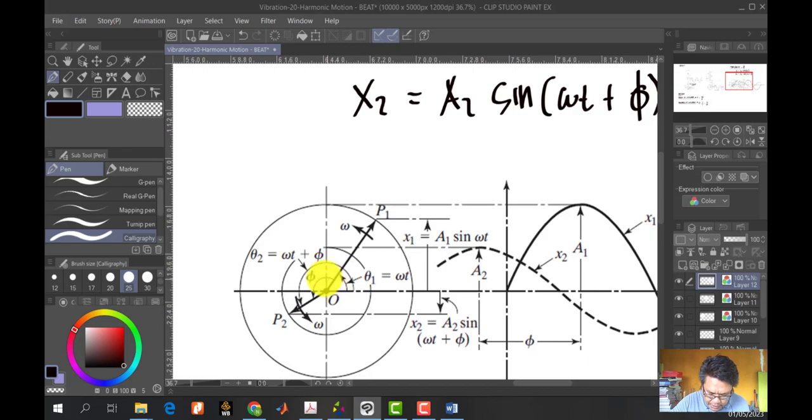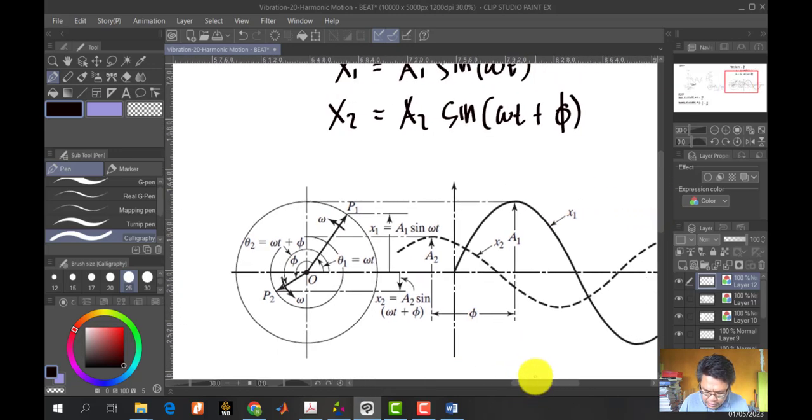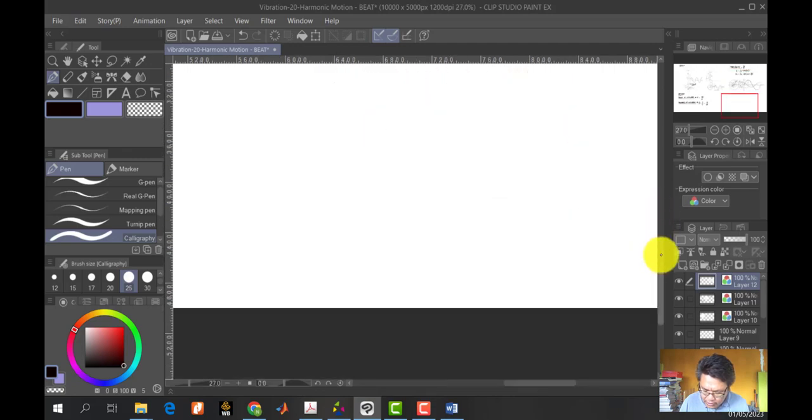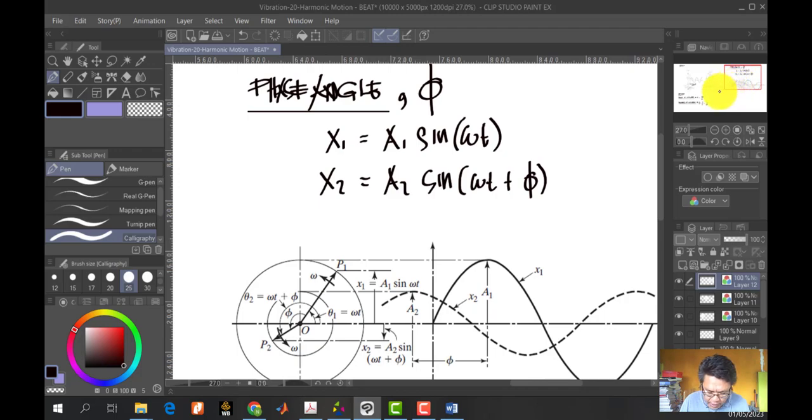Then this is theta 2, defined as the angular velocity times time plus your phase angle. Starting from here, that will be theta 2. So these motions are rotating at the same frequency, and the phase angle is defined as the difference of angle between the two vibratory motions.